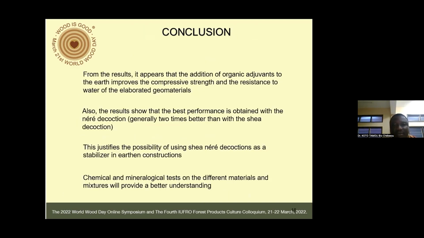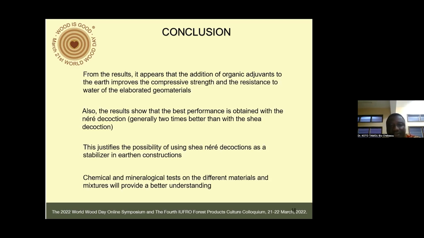From the results, in conclusion, it appears that the addition of organic adjuvant to the IF improves the compressive strength and the resistance to water of the elaborated geomaterial.